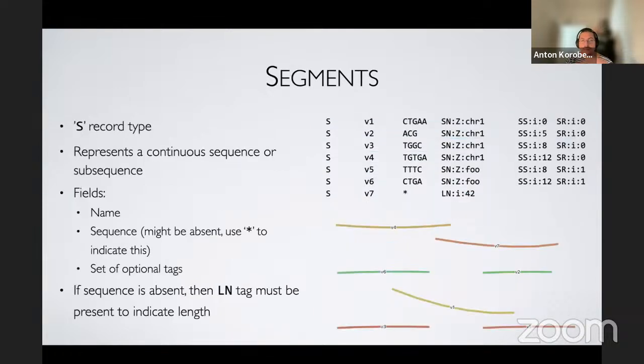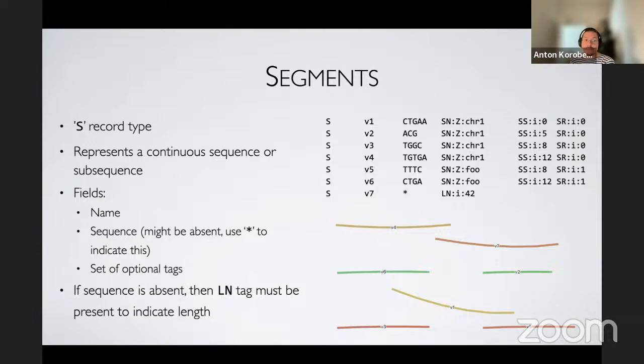So let's walk over the records. The basic record, I would say, is the segment. It's represented as the S record type, and it represents a continuous sequence or subsequence. And we think of that as something like a part of the genome or set of genomes in question. There are a few required fields, and one of the required fields is the name. Another one is the sequence itself.